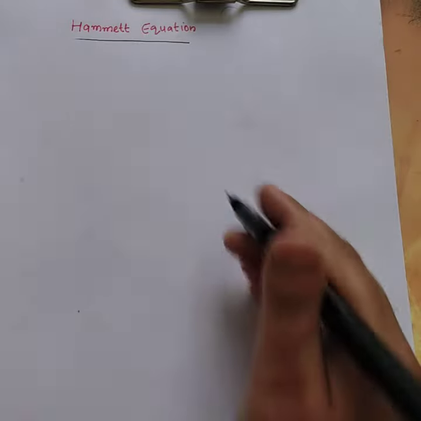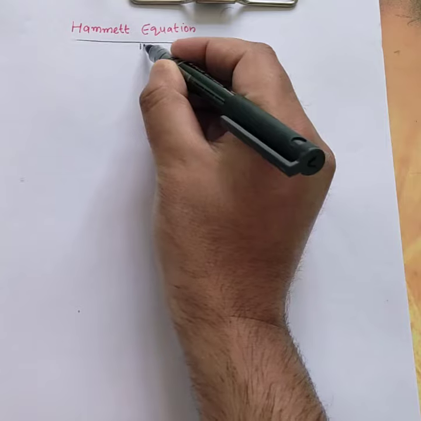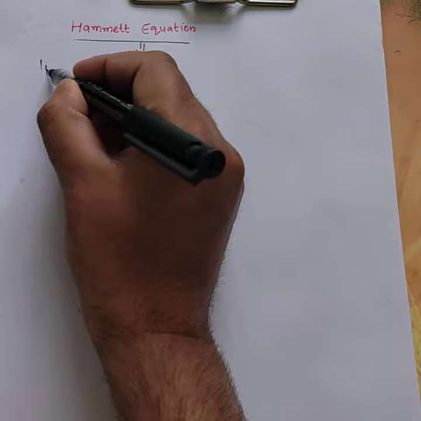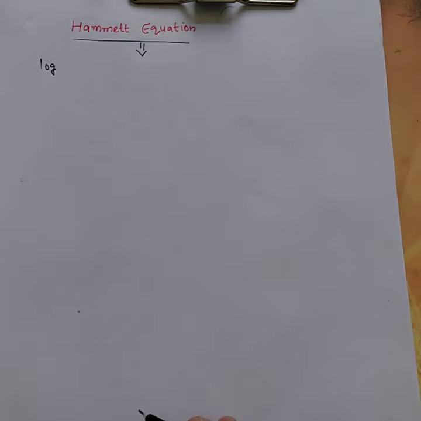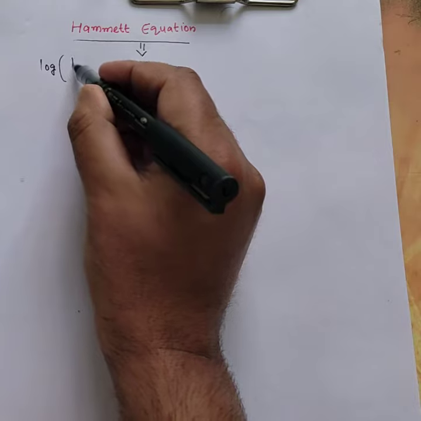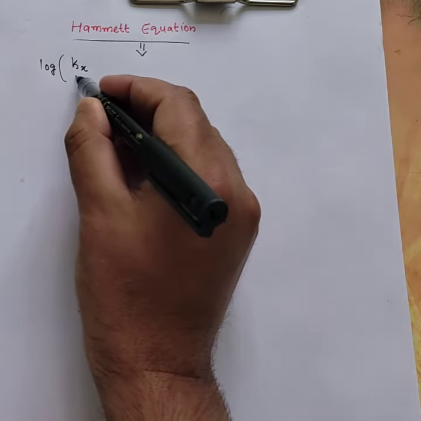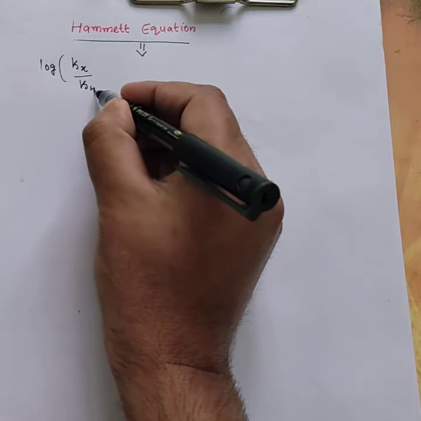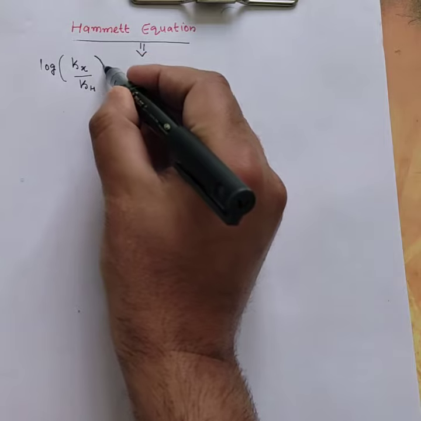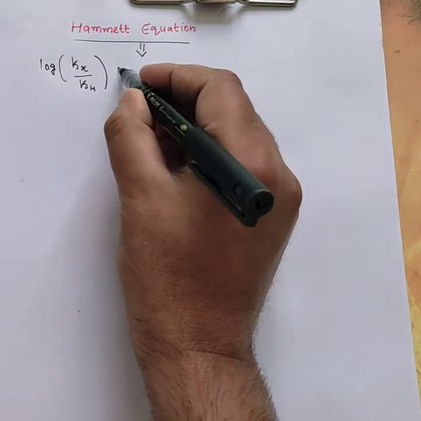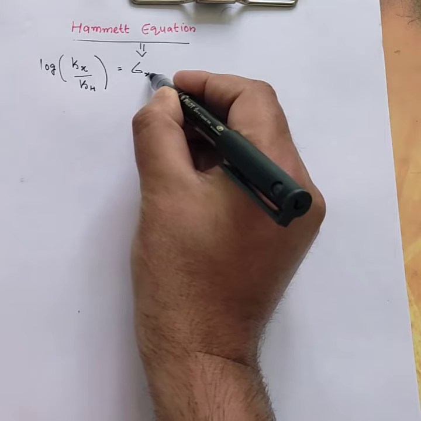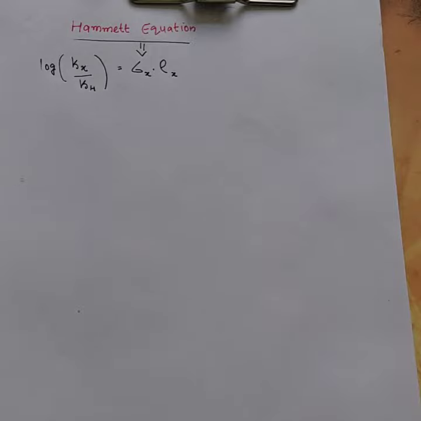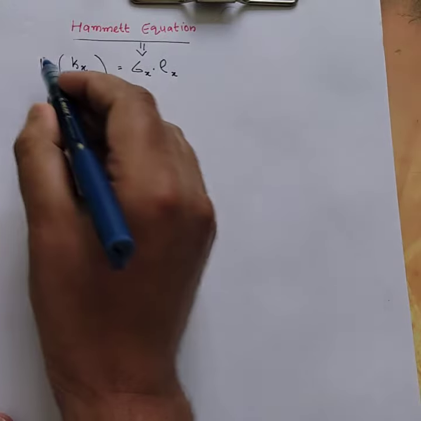So let me write down first the equation in general. तो Hammett equation हम लिखते हैं, we write it like this: logarithm of kx by kh is equivalent to sigma x multiplied by rho x. So this is your Hammett equation in general.